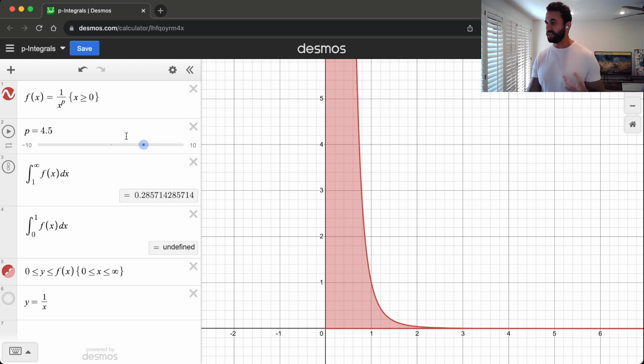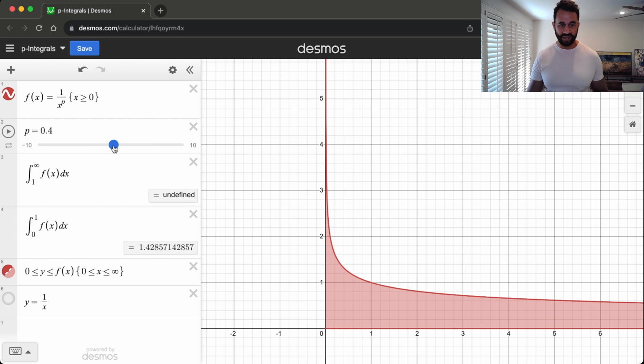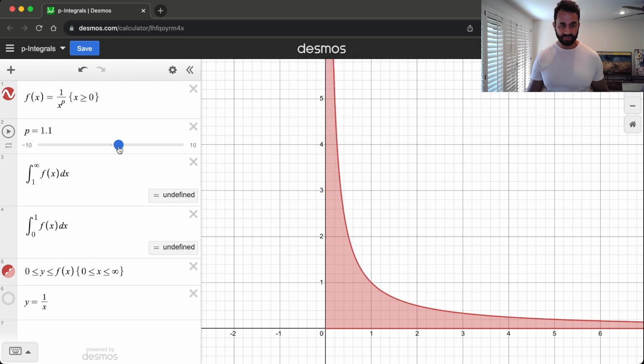But when p is a large number, it flattens out this part of the graph, and that pinching behavior makes the area finite. So when p is equal to 1, it's basically saying that this area is not getting pinched fast enough, so the area is infinite.